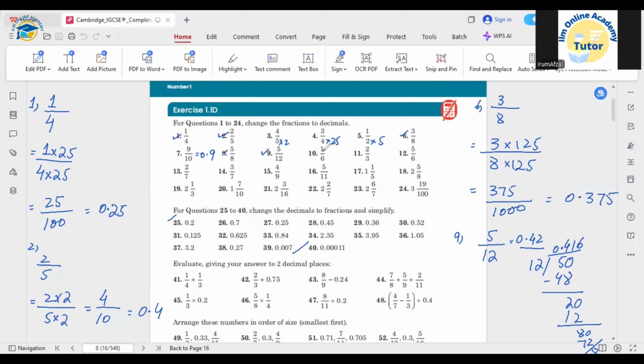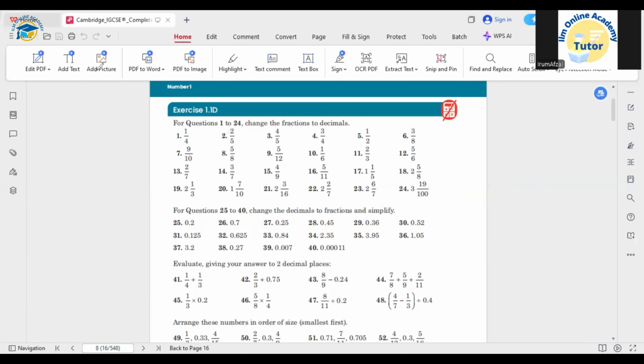Next, as we have 1 by 6, a similar thing you need to do over here as well. 1 by 6, if you can't convert it according to 100, 1000 directly, you can go with the long division again. Keep your 1 inside and divide it by 6. Again using the decimal point, because 1 is smaller than 6, it becomes 10.